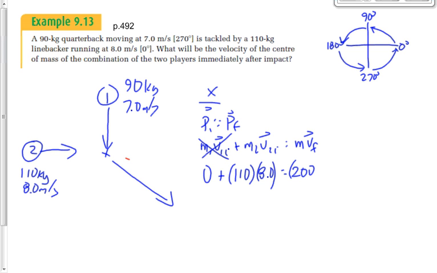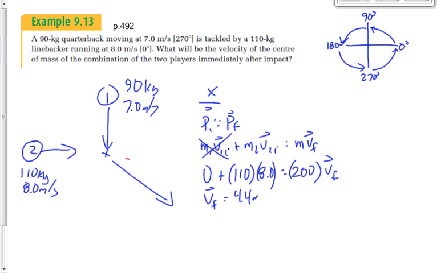We still include the 90 kilograms because after the collision, there is at least some x motion of that object. That 90 kilogram object is going to go x and y after the collision. VF is what we're solving for. 110 times 8 is 880. 880 divided by 200 is 4.4 meters per second.